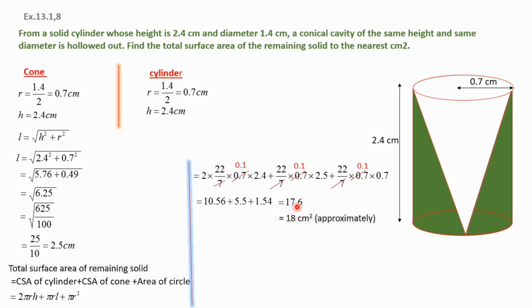So after 0.5 it will round off to the next digit, so 17.6 rounds off to 18 centimeter square approximately. This is the meaning of writing to the nearest centimeter square. So the area of the remaining solid surface is equal to 17.6 centimeter square, that is equal to 18 centimeter square. In brackets you have to write approximate answer.